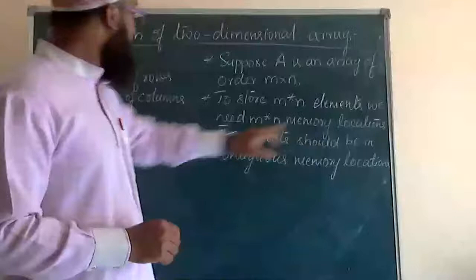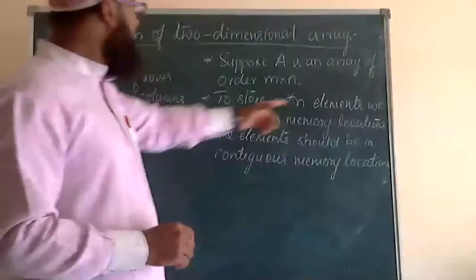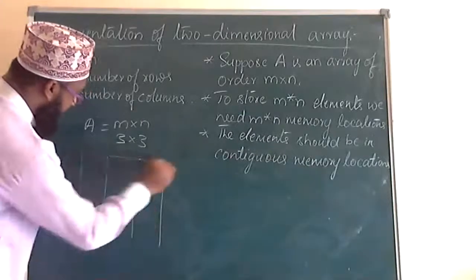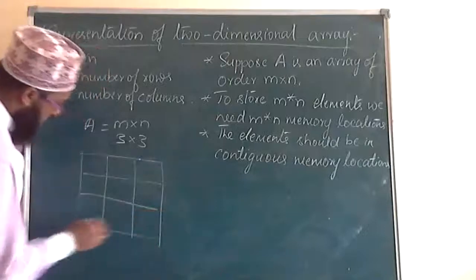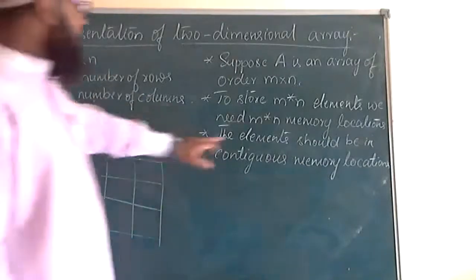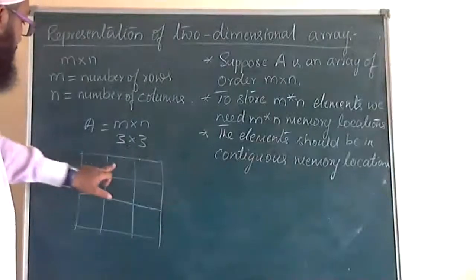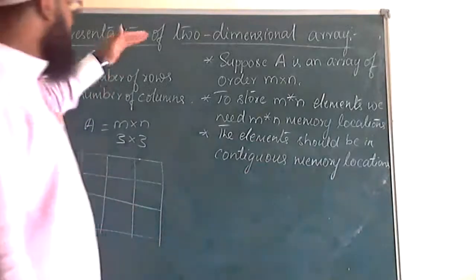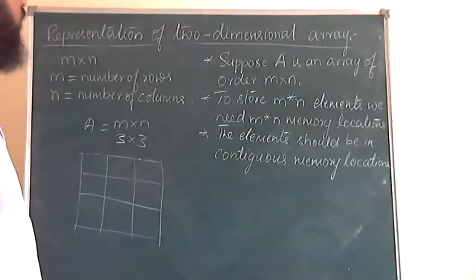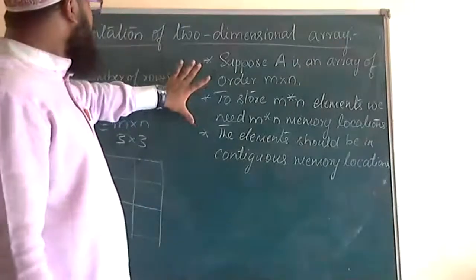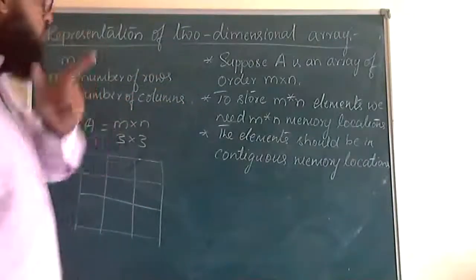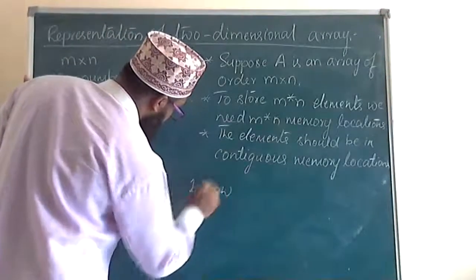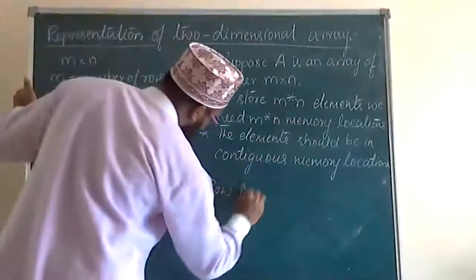To store m into n elements, we need m into n memory locations, that is 3 into 3 memory locations. The elements should be in contiguous memory locations. Contiguous means one after the other. Like this, we have to represent the two-dimensional array. But representing a two-dimensional array includes two types. The first one is row major order.